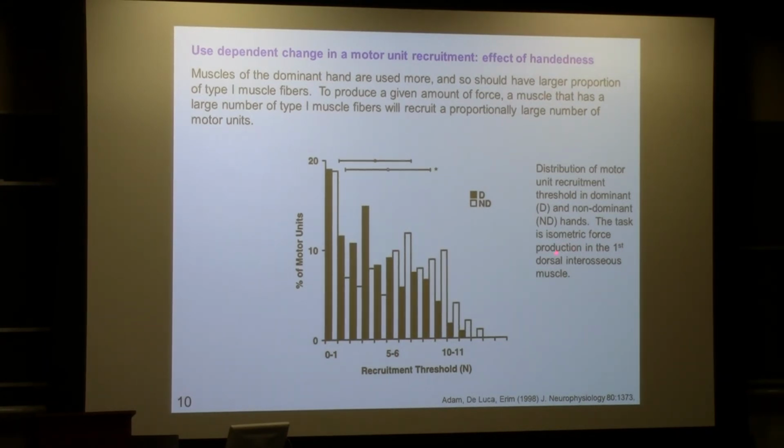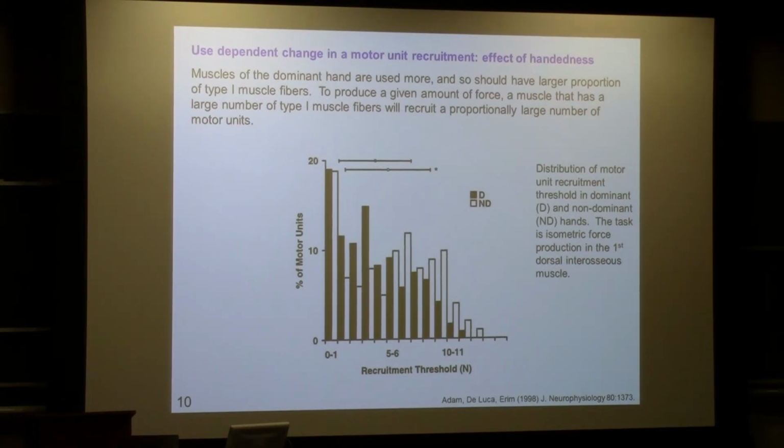The task is isometric force production in the first dorsal interosseous muscle. So the composition of the first dorsal interosseous muscle is more units that are probably slow on the dominant hand, and for the non-dominant hand, relatively speaking, the muscle has a greater proportion of those motor units that get activated later, probably the fast type.